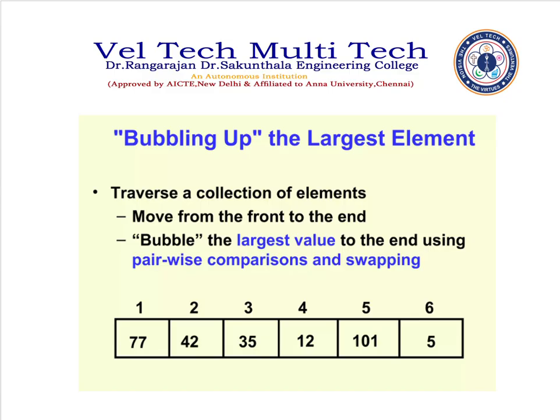As I've told you, bubble sort is nothing but bubbling up the largest element. Here they have given an example where there are totally six elements displayed, and if you see them, they are an unordered collection of elements. Our task is to arrange them, to sort them in increasing order.